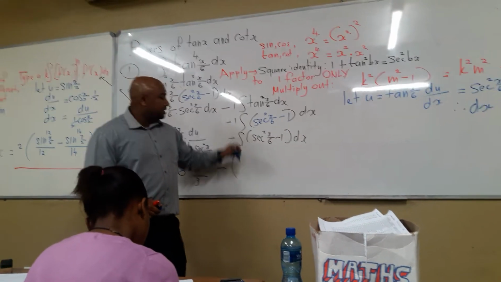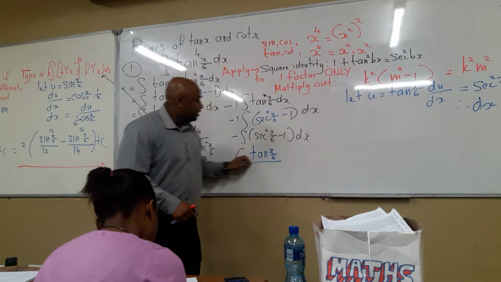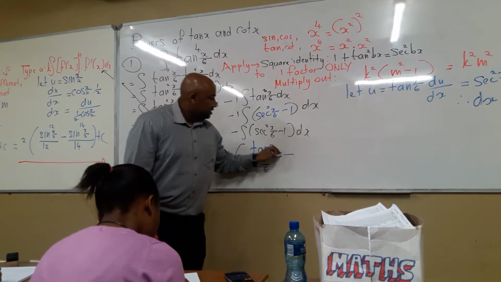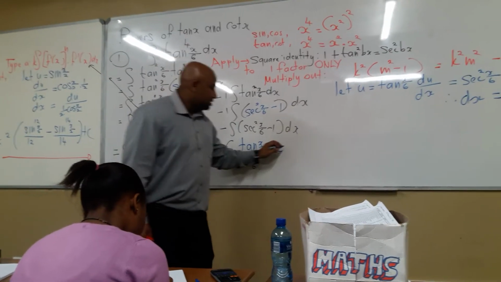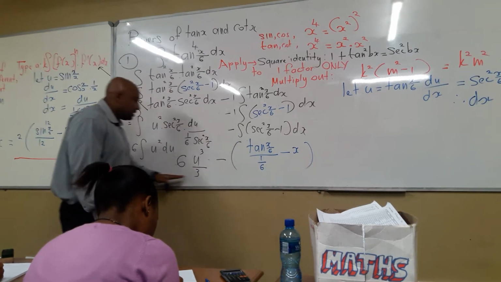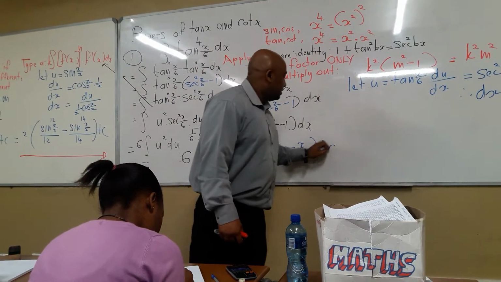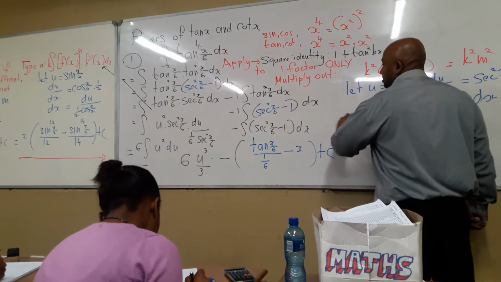So the integral of sec squared will be tan x over 6, all divided by 1 over 6. Here you are integrating 1 with respect to x. What will it be? Just x. You're done. All integration is done. So now you put down plus c. Let's just substitute back there.